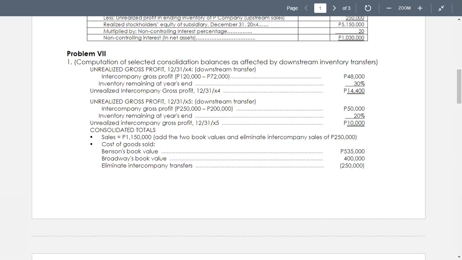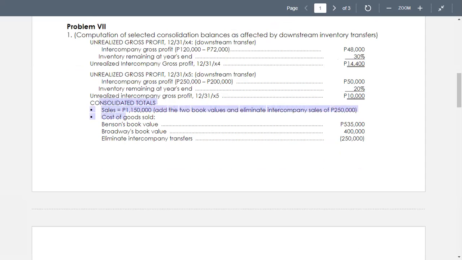So we have now the columns BB and BW. BB sold BW inventory costing 72,000 during the last 6 months of 20x4 for 120,000. So BB is selling to BW, meaning it's a downstream sale.